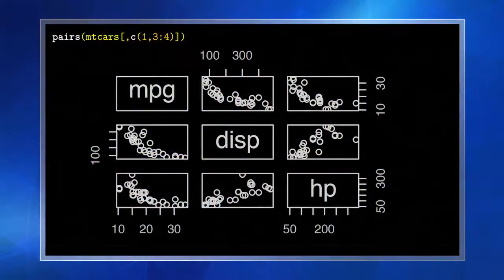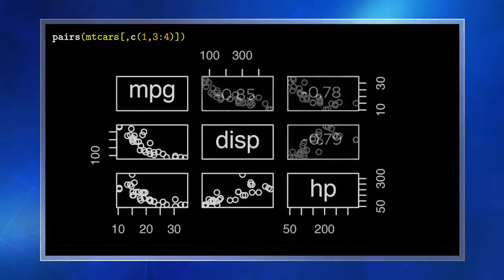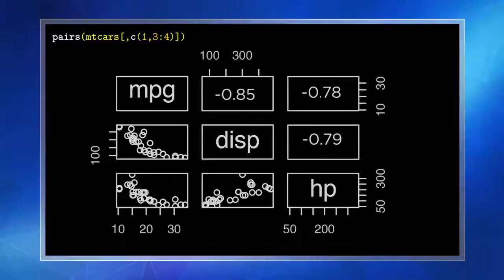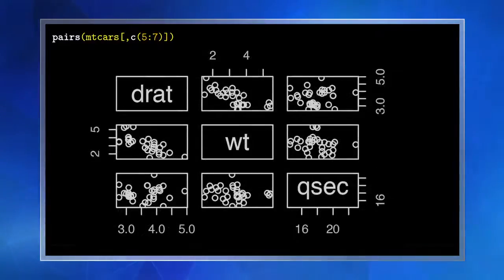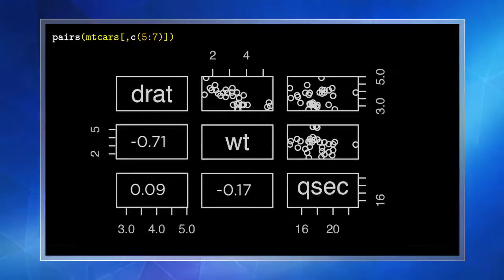Now, one problem in our data, as you saw, is that our variables are correlated. And you can actually see this when you do a pairs plot. Look at this pairs plot of miles per gallon with DISP and horsepower. Notice all three of these variables are correlated with each other. Likewise here, you see a pairs plot of the variables drat, weight, and Q-set.